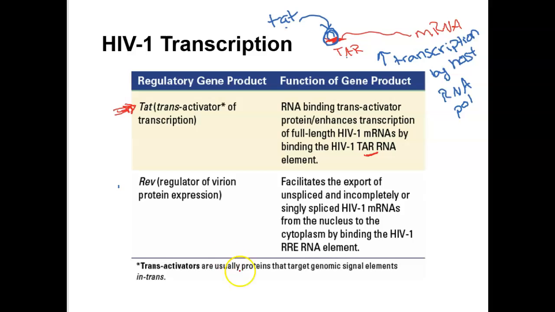If we've got our viral messenger RNA, then we need REV to bind to that, and this allows for an increase in export to the cytoplasm, and this increases translation.